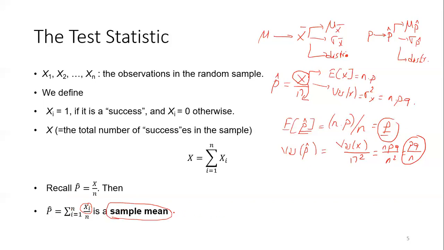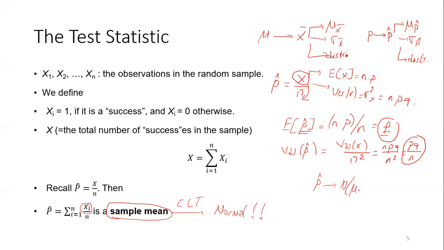And for a sample mean, what do we know? Using the central limit theorem, its distribution is approximately normal, right? That's great. So now we know everything about p hat. Since it's a sample mean, we can use the central limit theorem, which says its distribution is normal.